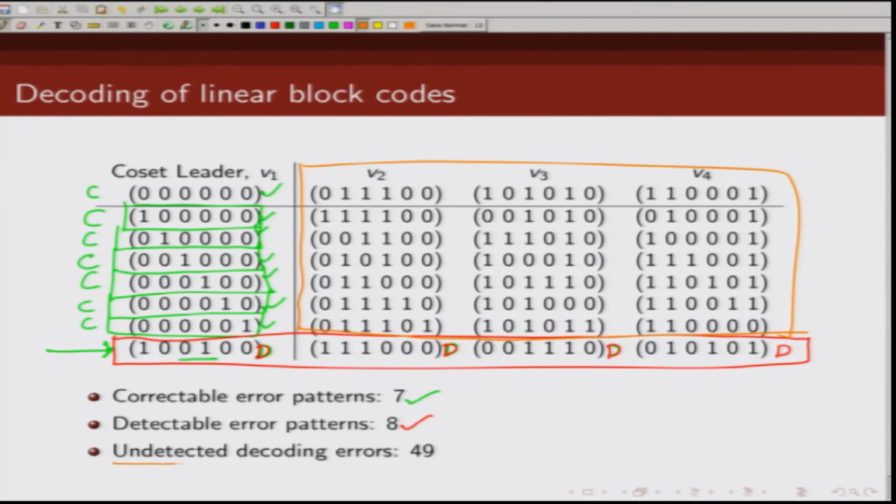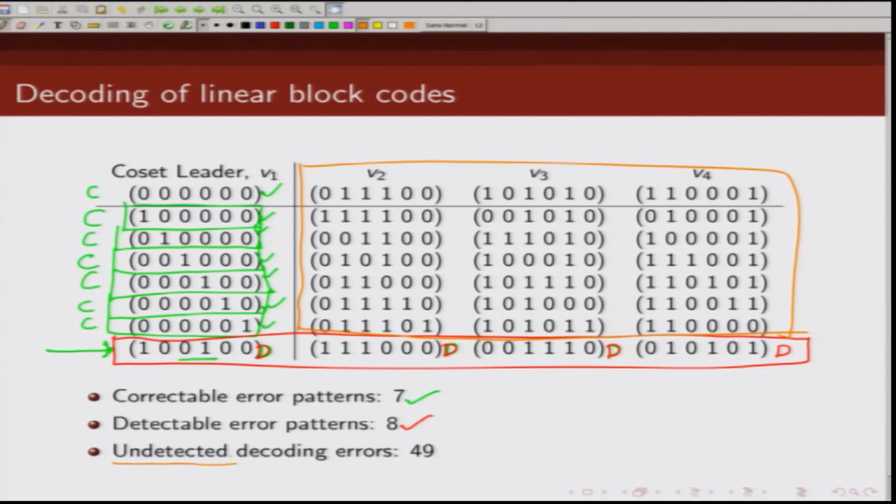This will result in undetected error, because whenever any of these error patterns happen, I would have assumed that the error pattern was this. So, this would result in undetected error probability.